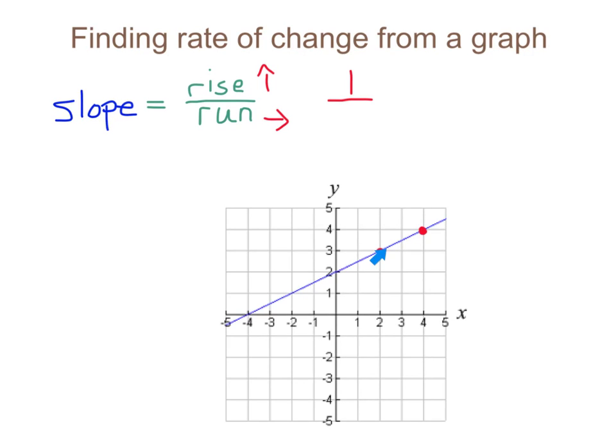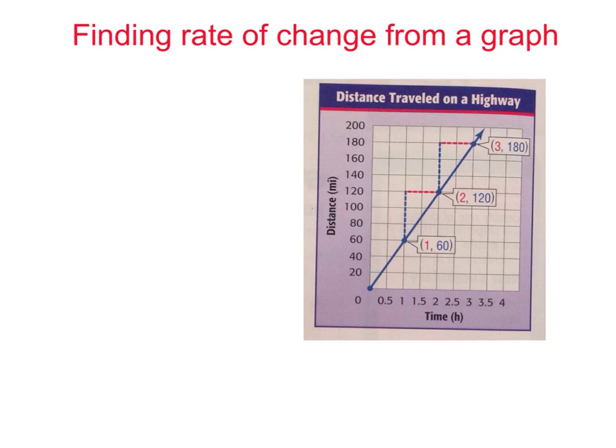Okay, so I take a look at my first point and I'd have to go 1, 2 places, or 2 numbers, so from 2 to 4. So the run would be 2 in this case. So my slope, or my rate of change from this graph, is 1 over 2, or 1/2.